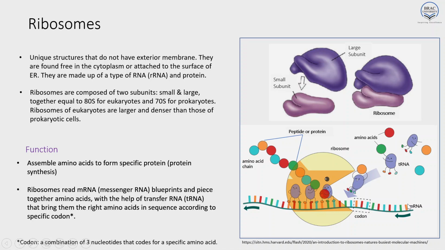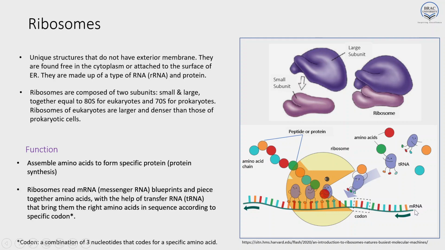And these circles, each circle, red, green, yellow, blue, represents a specific amino acid. We know that there are 20 different types of amino acids. So transfer RNA takes those specific amino acids and brings them to the ribosomes and joins them together into an amino acid chain. So this one is the synthesized amino acid chain, and this chain becomes a protein or peptide.